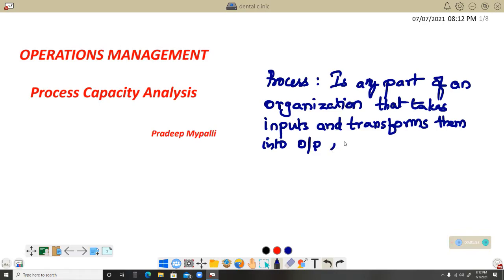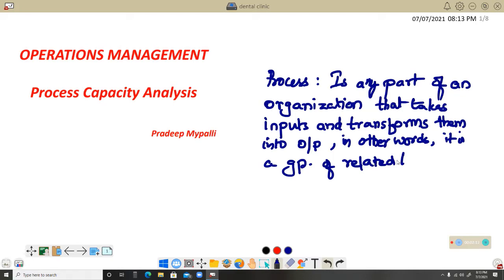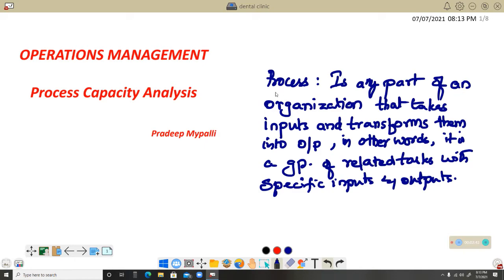In other words, we can also say it is a group of related tasks with specific inputs and outputs, right? So understand the terminology.